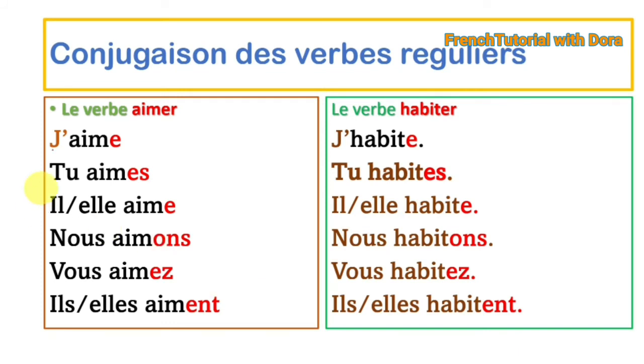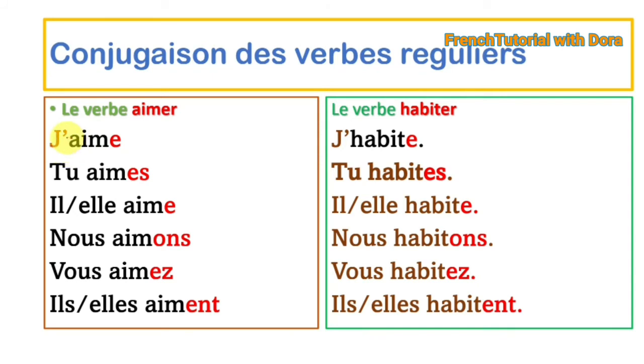The same endings. But there's something peculiar to these two verbs. In the first person, they both have j apostrophe. This is because these verbs start with a vowel or a semi-vowel. In French, whenever the verb begins with a vowel, in the first person you have j apostrophe.